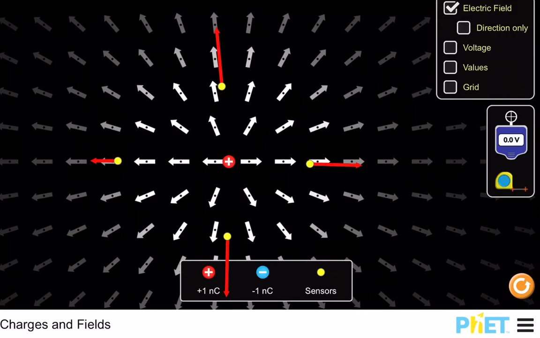If we move further from this charge, the value of the electric field starts decreasing. If we bring it closer and closer, this value keeps increasing, and if we move further, this value starts decreasing. So the electric field depends upon the magnitude of the charge and the distance. If we move further away, the value starts decreasing. If we come closer and closer, the value starts increasing.